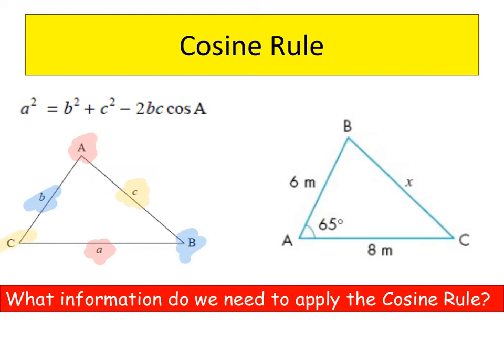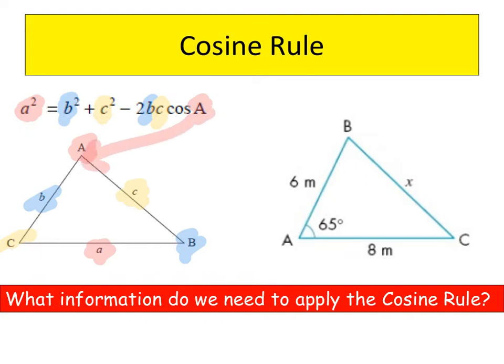So if we have a look in the formula itself, it's involving three sides, so side A, which is a side that we're looking for here, and then the other sides there, which are B and C, which also appear here and here, and then we're looking at the angle which is opposite the side we're looking for, which again is angle A here, so that would be just there.